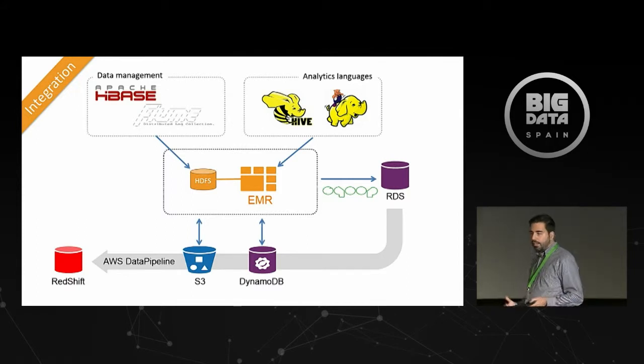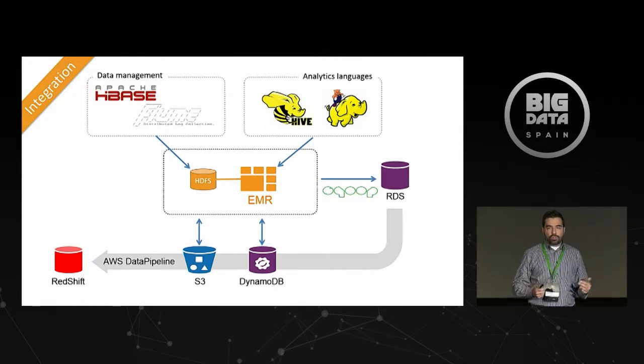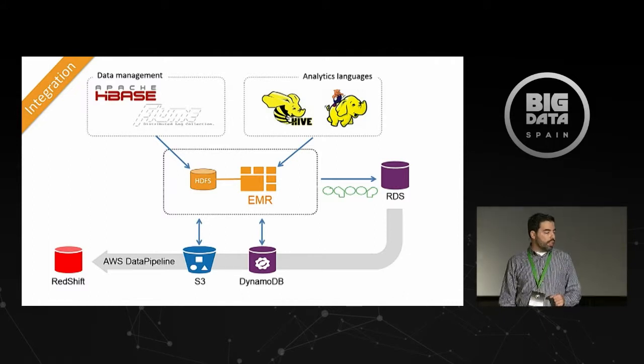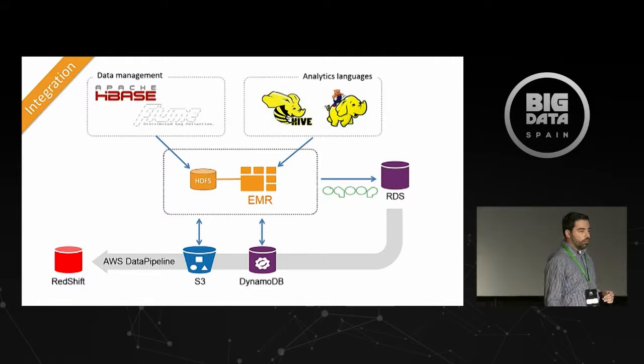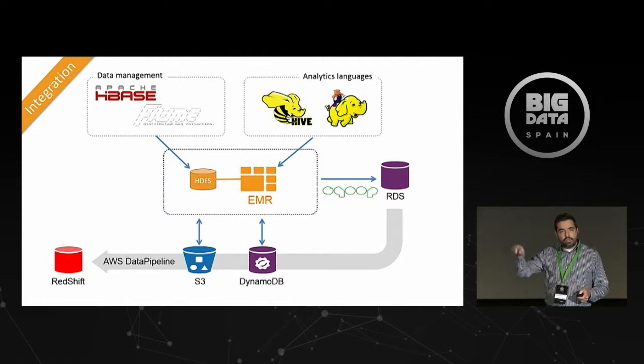They can aggregate it and store the result perhaps on a relational database so that the end users on the front end can query that. Or they can create meaningful dashboards stored on DynamoDB. And at the end, you can move all your data into Redshift to store it there so that the data can mature there for long term. And we have a service called AWS Data Pipeline, which can facilitate all this movement of data between the different services.